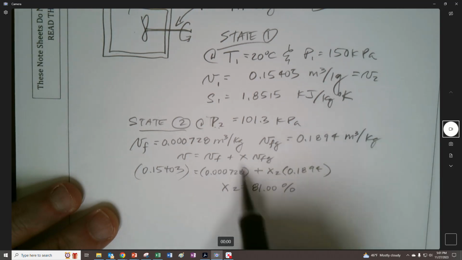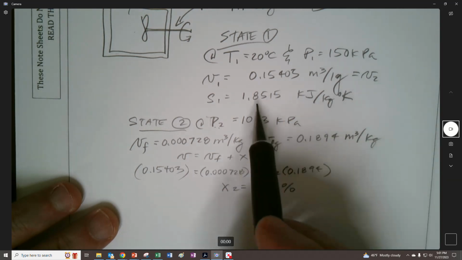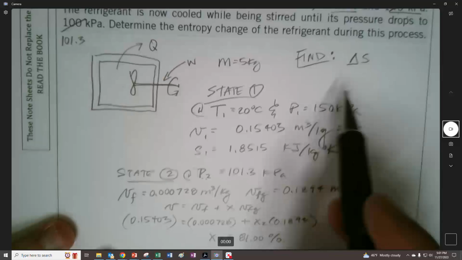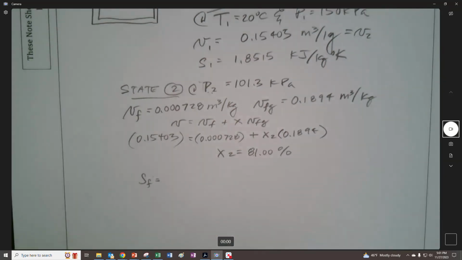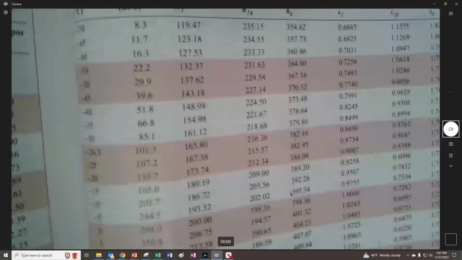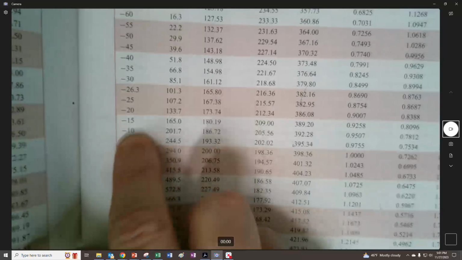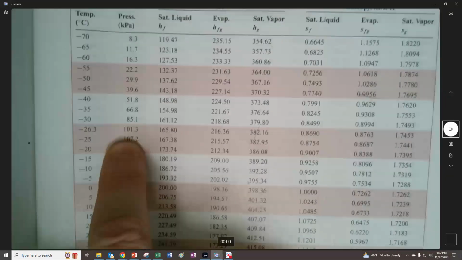And then we can go and use that with the entropy, because that's the thing we're trying to find. That's our find. So we can take and say that the SF, look that up in here, at 101.3.